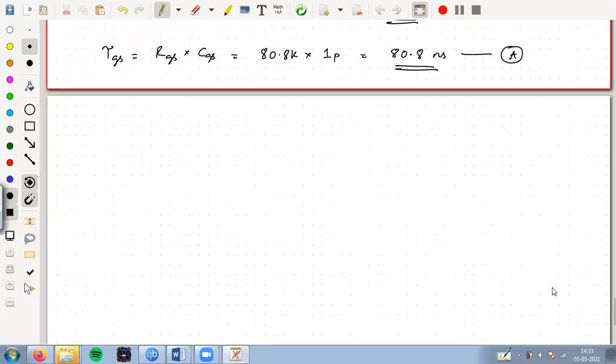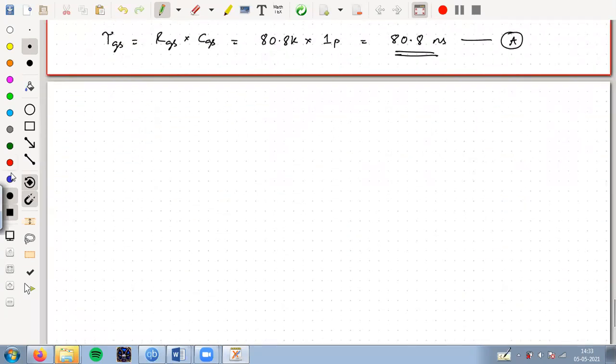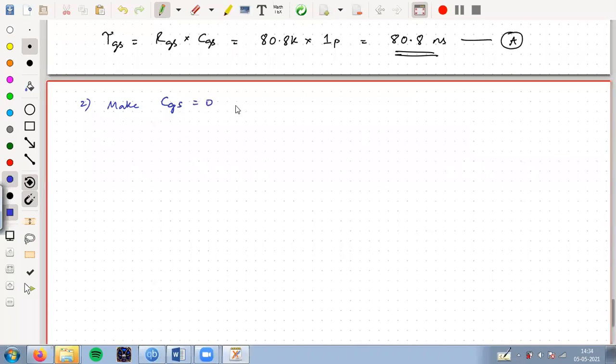Okay, so the second part now. Make CGS 0 and short V signal, and find tau GD, which is nothing but CGD into RGD.